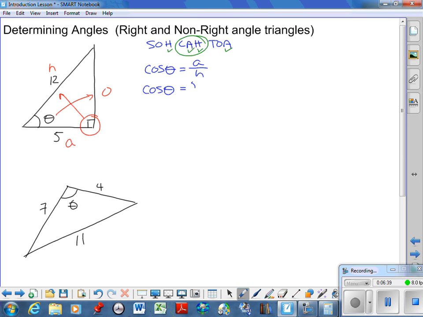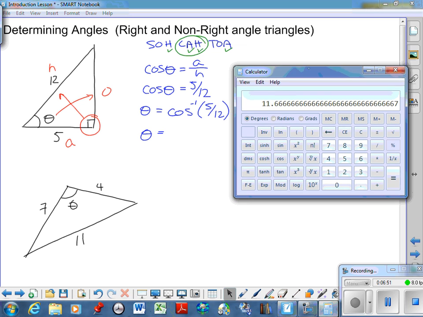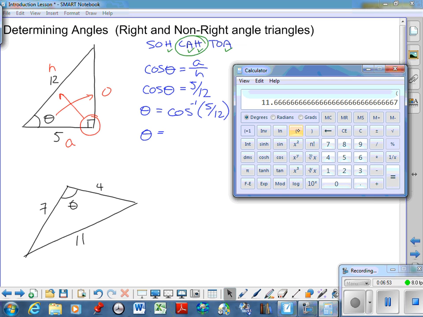A is 5, h is 12. So I have cos inverse of 5/12. So with my calculator, 5 divided by 12 in brackets, inverse cos, I've got a 65.4 degree angle.